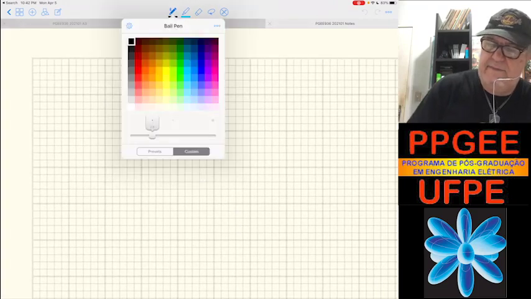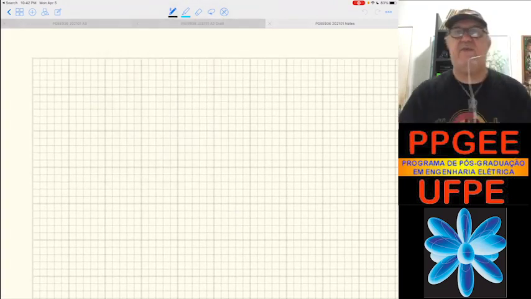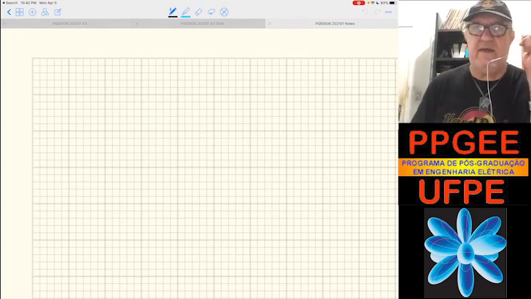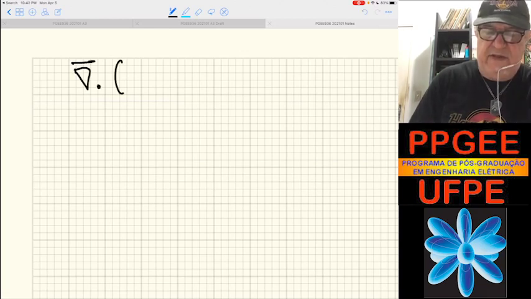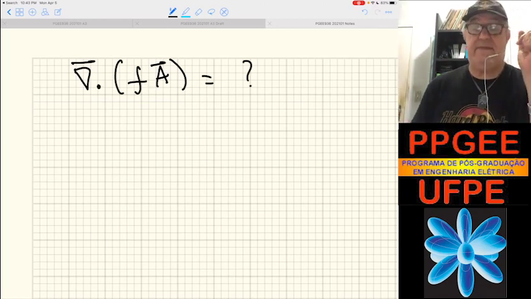I'm going to use the notation in which repeated indices mean a sum. So let's say you have nabla dot a function times a vector. How do you expand that, right?